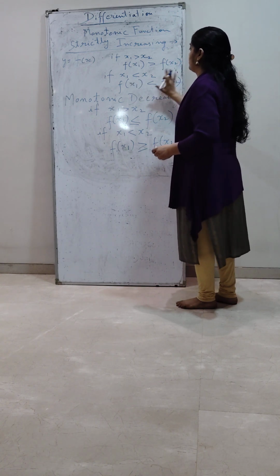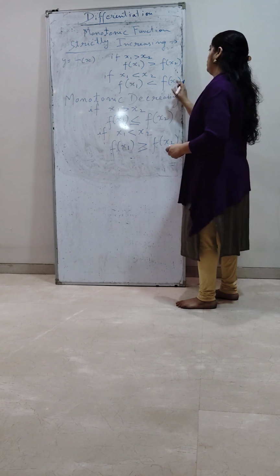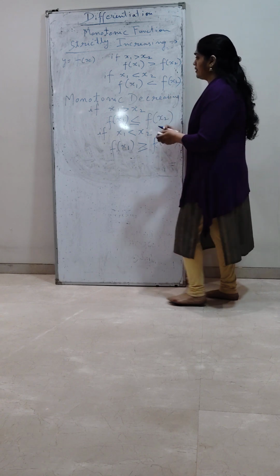There is no possibility of equal to. If x1 is less than x2, then f(x1) is also less than f(x2). And strictly decreasing is similar to this.